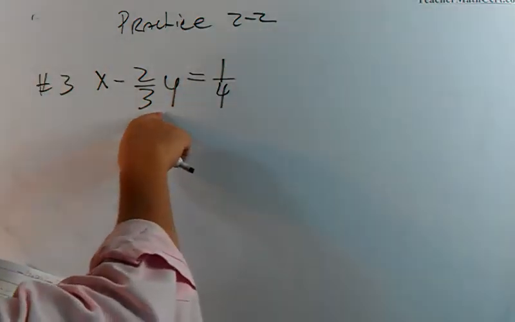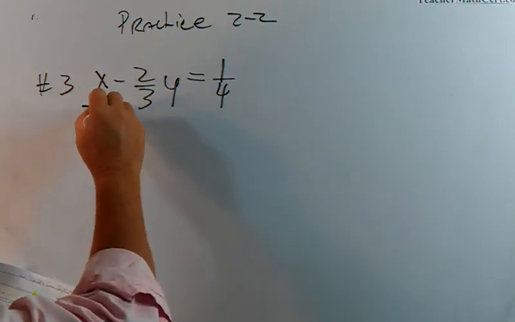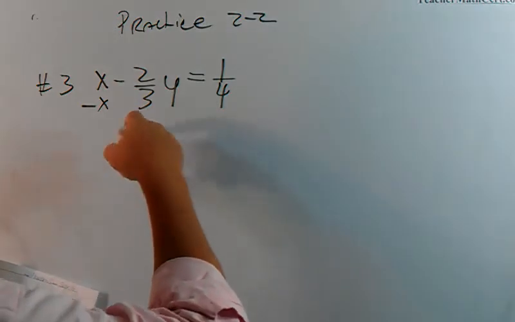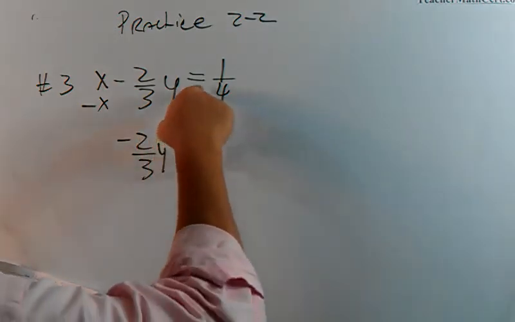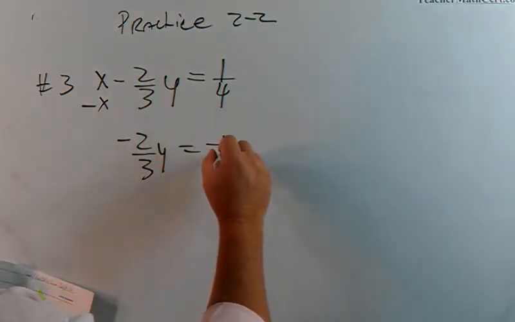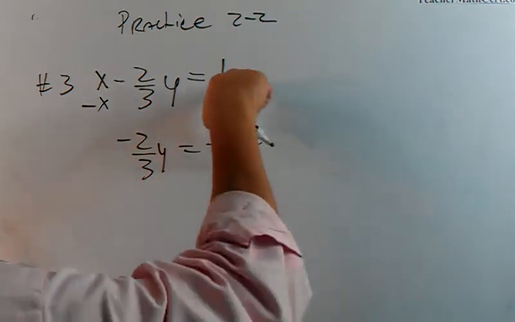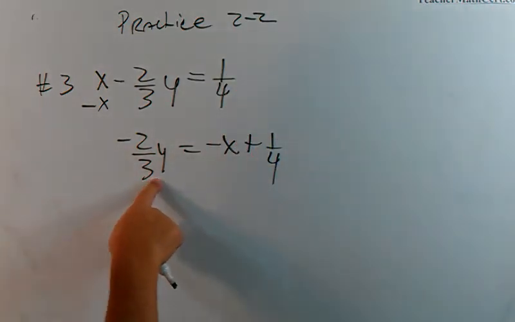Same process. This is a positive x, so we're going to subtract x from both sides. Now we've got negative 2/3 y is equal to minus x plus this 1/4 here.